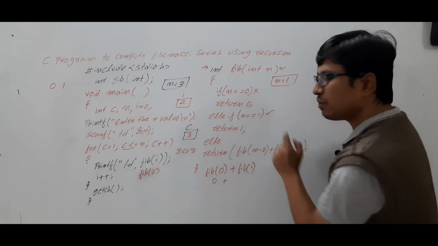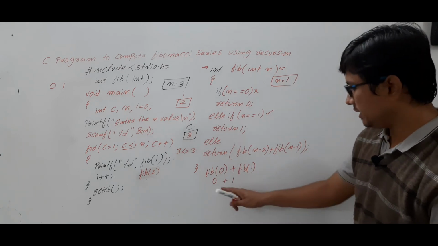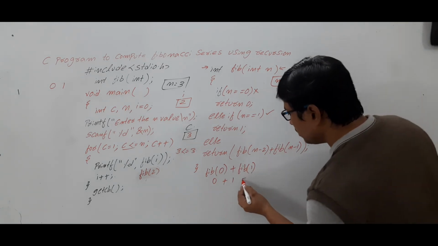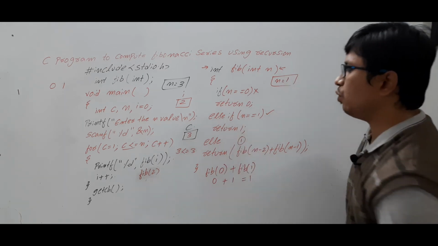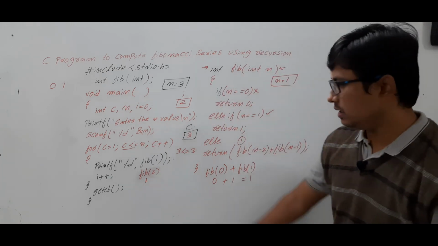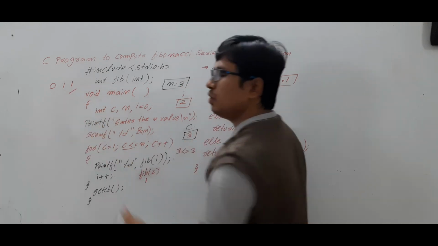So it will return the value 1. So it got 0 here, 1 here. So 0 plus 1 will be 1. So that value it will return, 1. So here you are getting the output as 1 and displaying it.